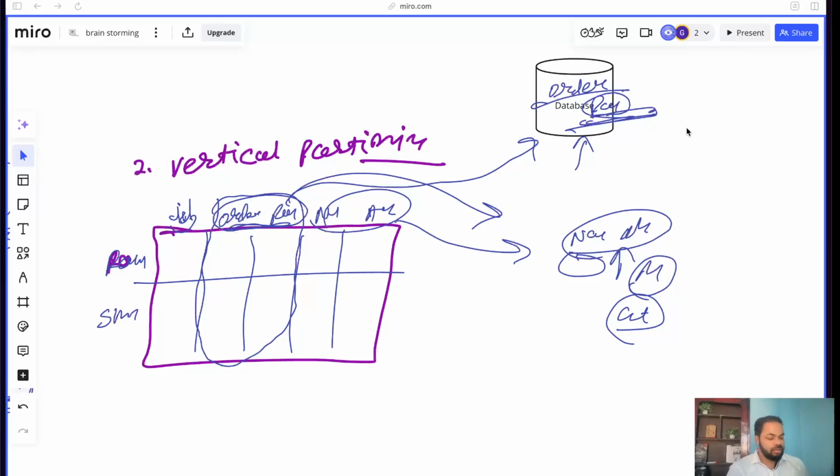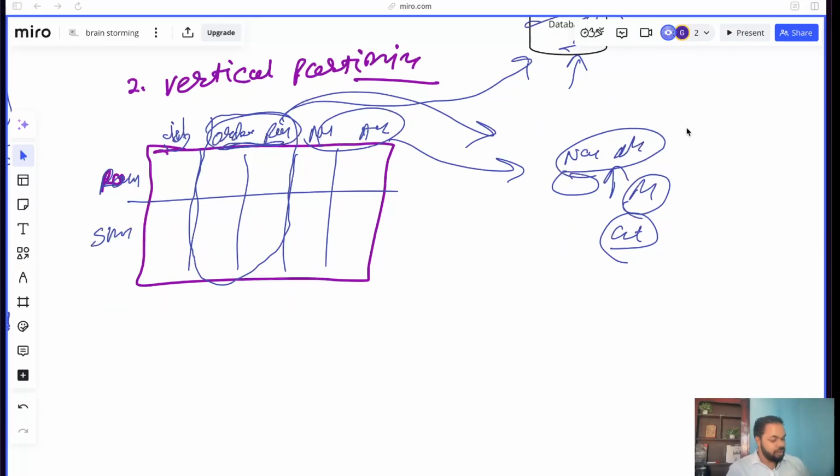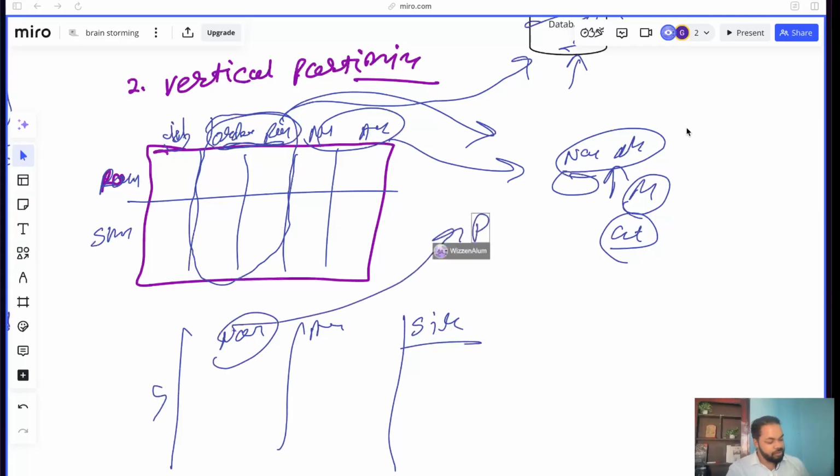The other one is, if you do not wisely consider the keys and you mix up the keys. Suppose you have name, address, and surname, and mistakenly you put the name in partition one, and surname in the second partition.